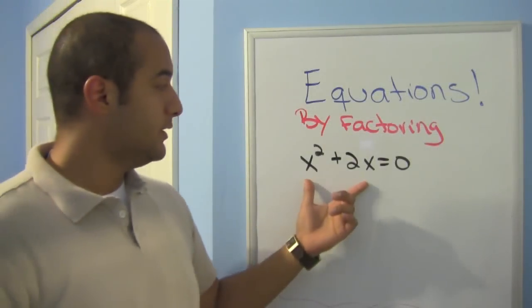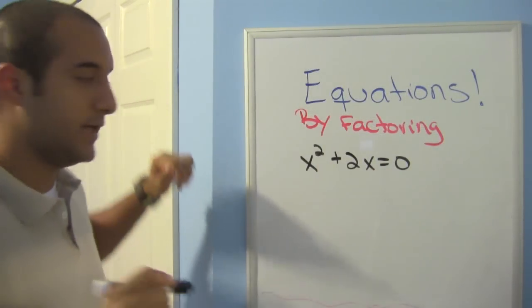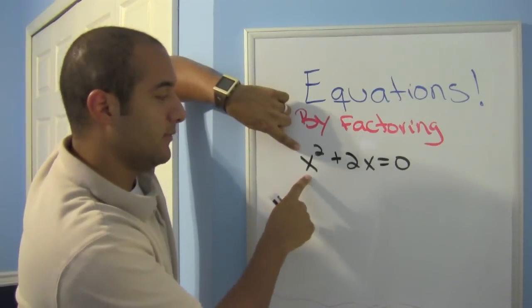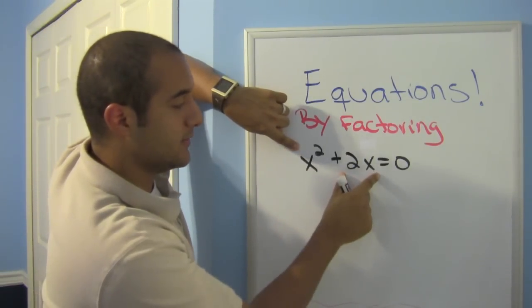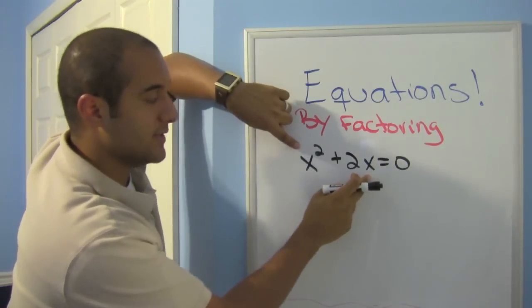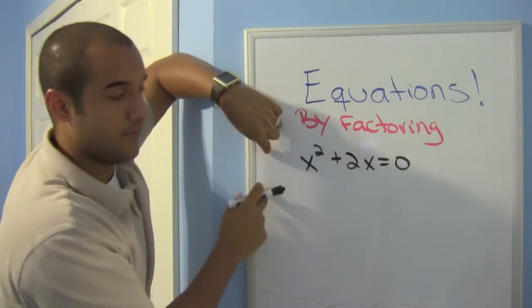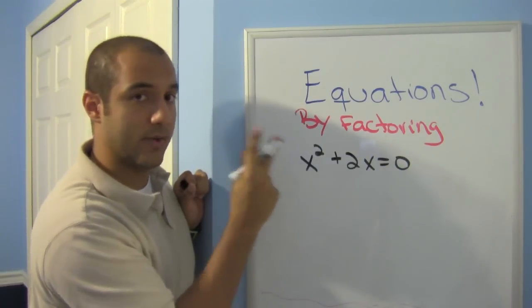Alright, here we're looking at an equation where we need to factor. Okay, this is what I noticed. I noticed that this has an x squared, and this has an x also, and they have it equal to 0. What I'm going to do here is take these x's out. Now think about it, this one had 2 x's.